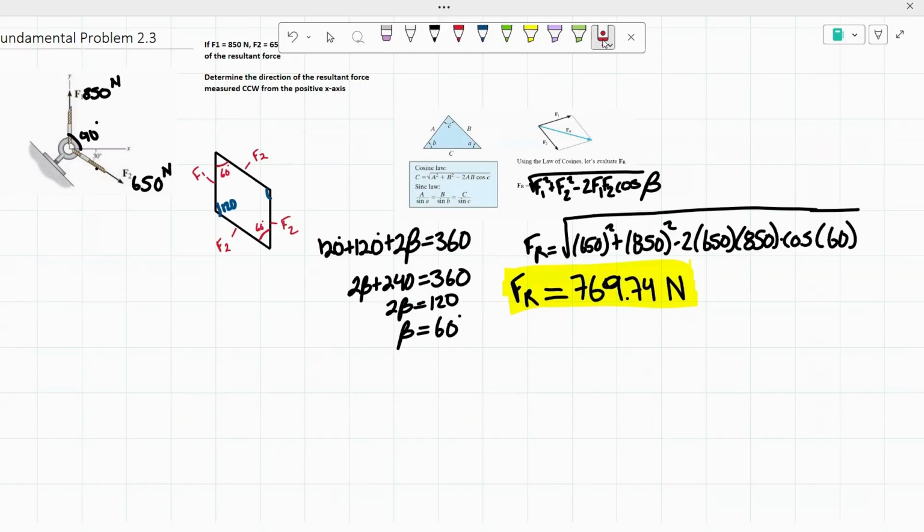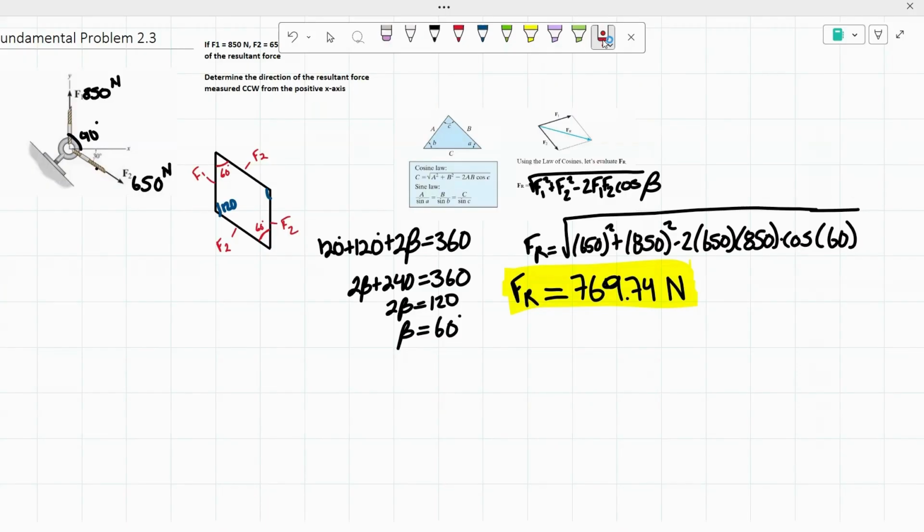So from the x-axis, we're going to try to find it in this direction. To find it, we're going to use the sine law, to find the direction of our resultant force from the positive x-axis.